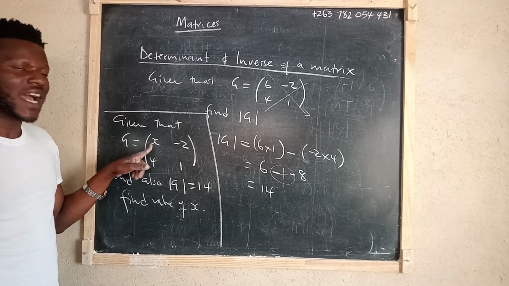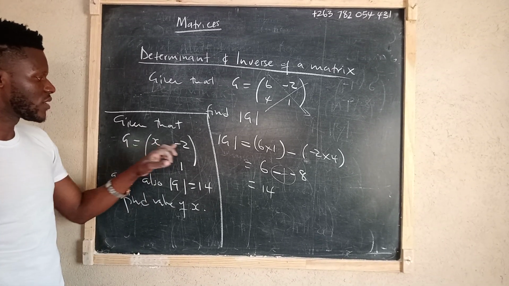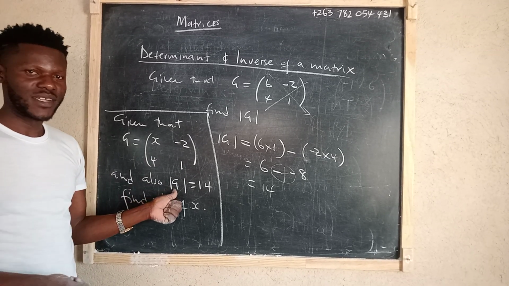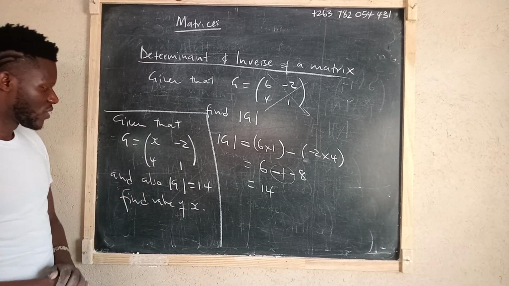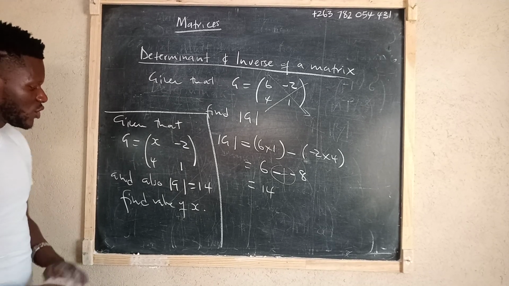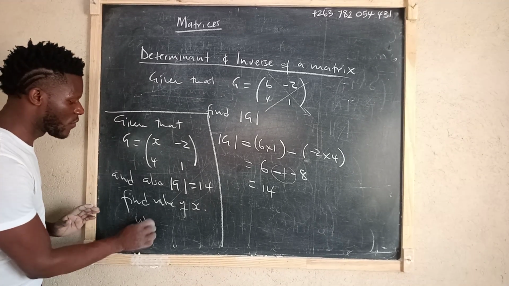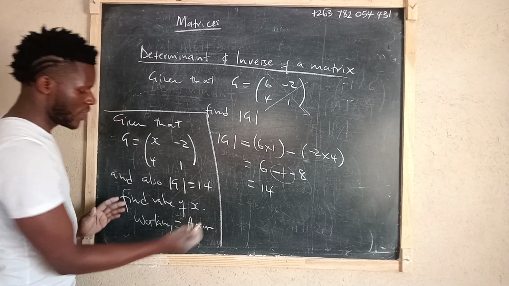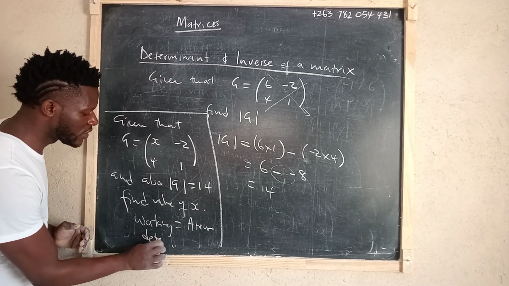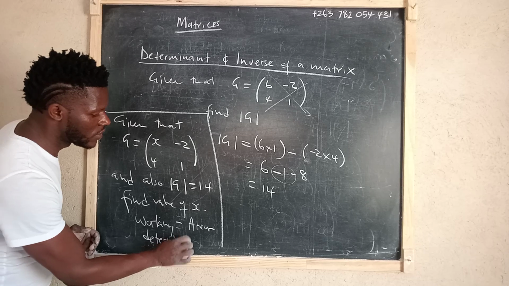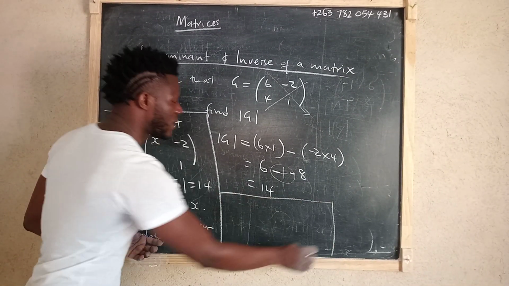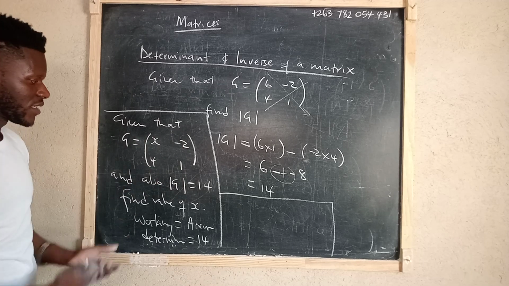Now we included an unknown, a certain number, X, but the determinant is known. The determinant is 14. So it's simple. You simply show the working. Working is equals to answer. They are saying the determinant is 14. So you simply prove that the determinant of this matrix is 14.